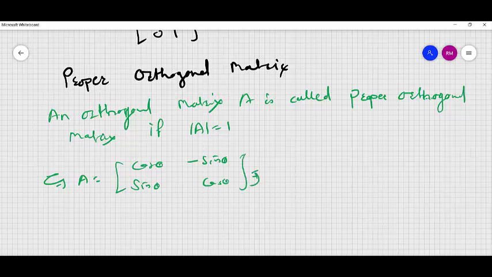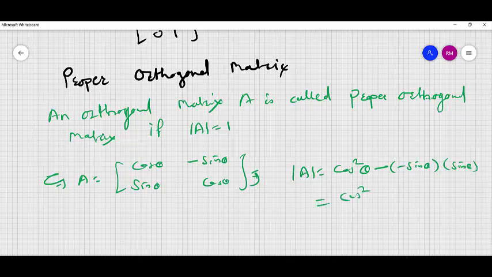If we take this as A and take the determinant of A, that will be cos square theta minus, minus sin theta into sin theta.